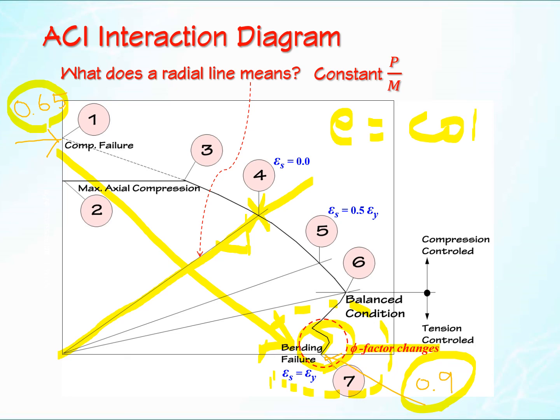For a certain e value, you can draw a straight line. That is not conceptually important, but that is very, very practically important when we design a column.